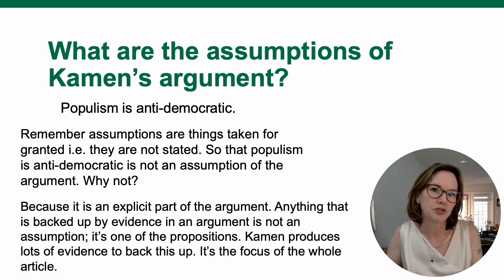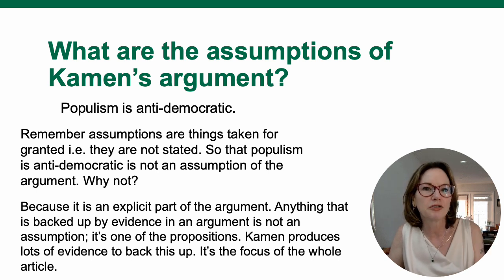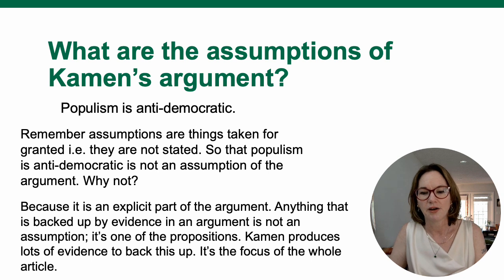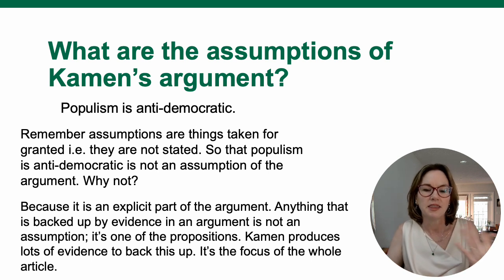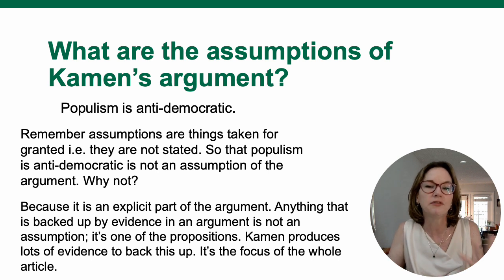Another thing you can look to see whether something is an assumption or not is whether the author is offering a lot of evidence in support of that statement or claim. Because if they are, then it's not an assumption. So in this case, populism is anti-democratic is not something that Kamens is assuming that you already agree with. It's something that they're trying to convince you of, and they're trying to demonstrate. So it is a main part of their argument. Okay?